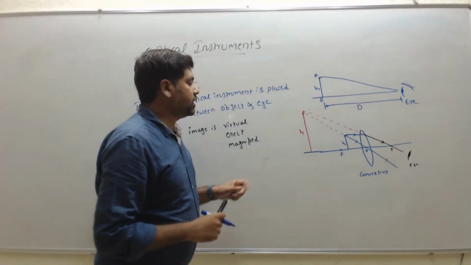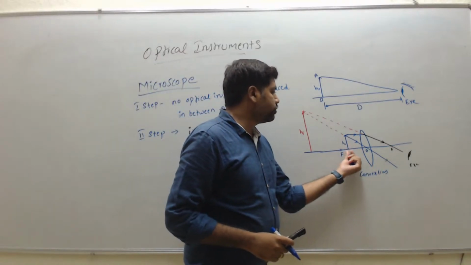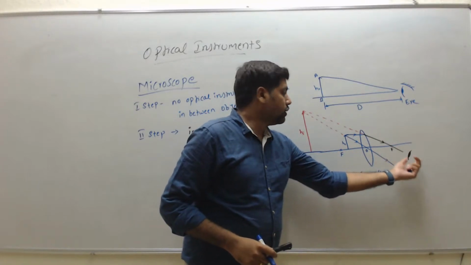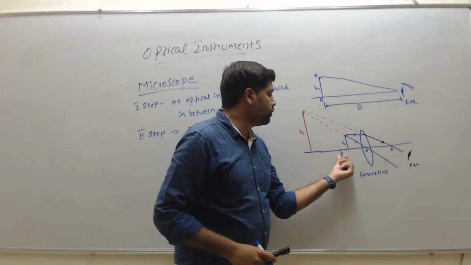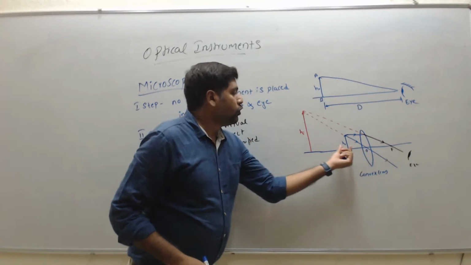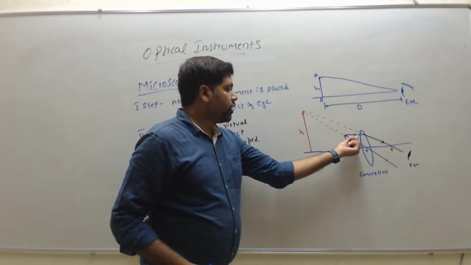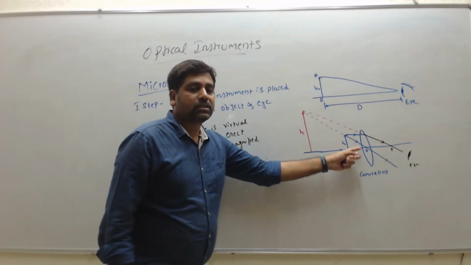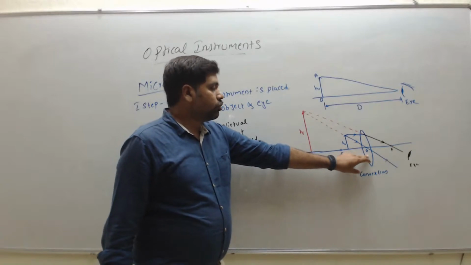So the first condition is we have to place the convex lens in between the object and the eye in such a way that the object lies between the focus and the optic center. To find the image of the object, we take two rays: one ray parallel to the principal axis and another ray passing through the optic center.